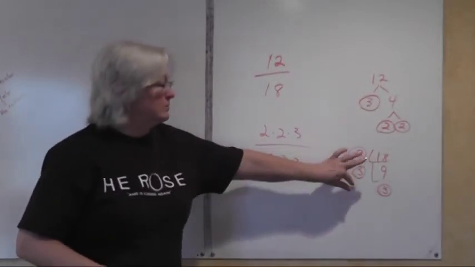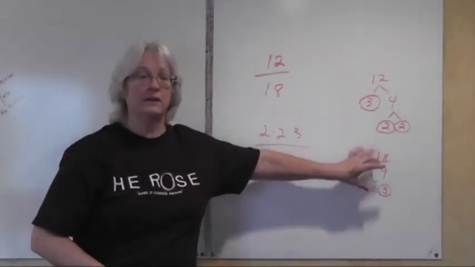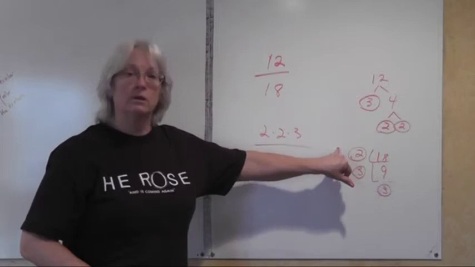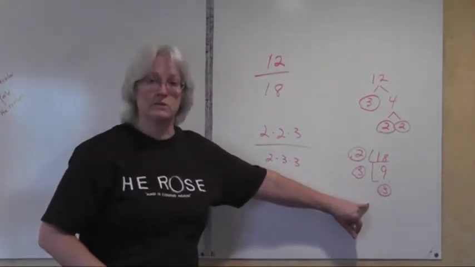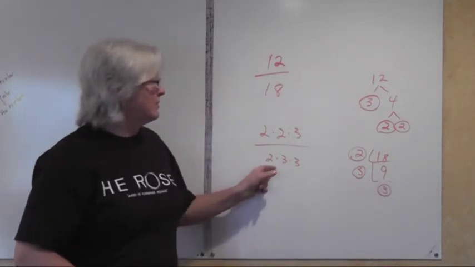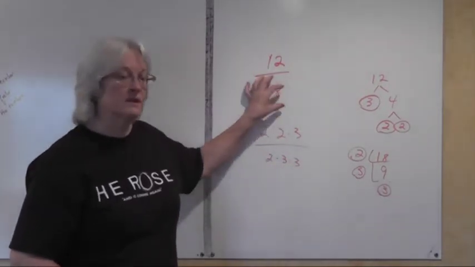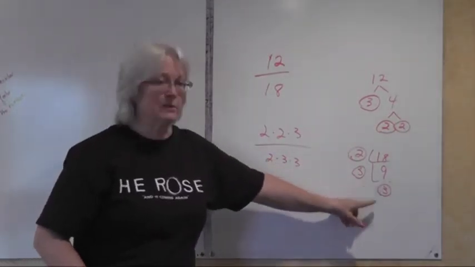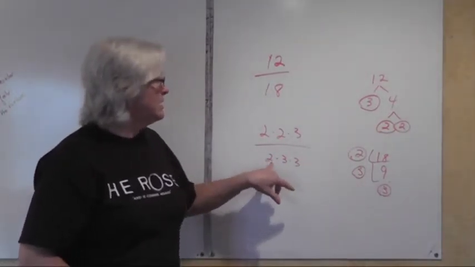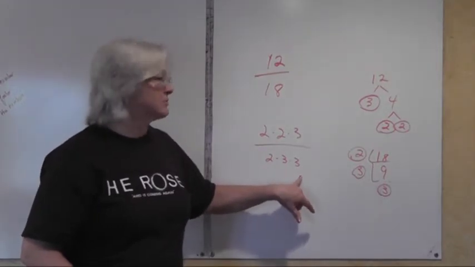When you're doing an upside down division, you always want to begin with your lowest prime number, and use it as a factor as many times as possible. Then you replace this 18 for the product of primes that we have indicated here, 2 times 3 times 3.